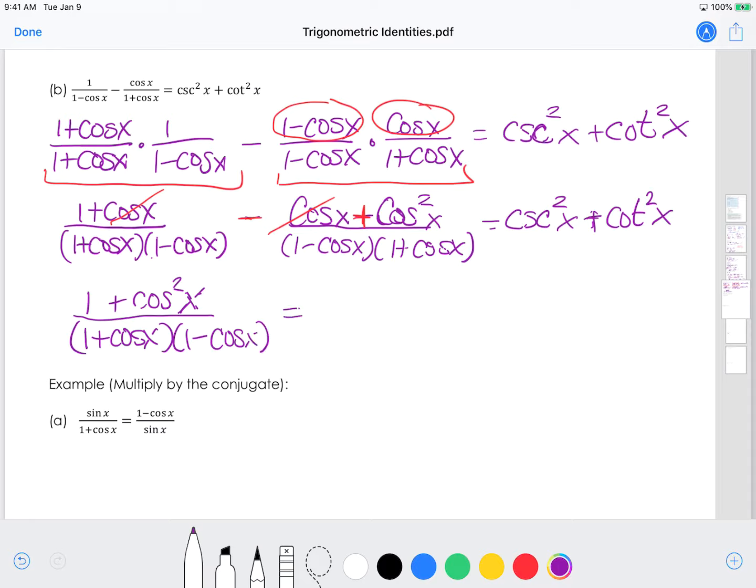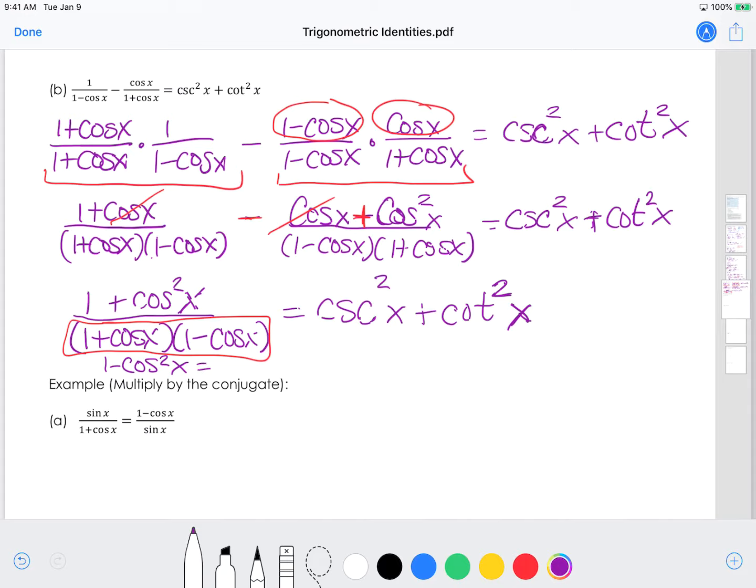And I want to show that that's equal to cosecant squared x plus cotangent squared x. Now down here, I have the difference of squares. If I actually go ahead and multiply that out, what I would end up getting in the denominator is 1 minus cosine squared x.